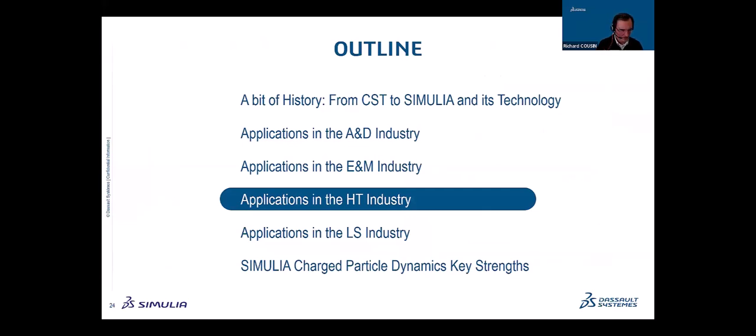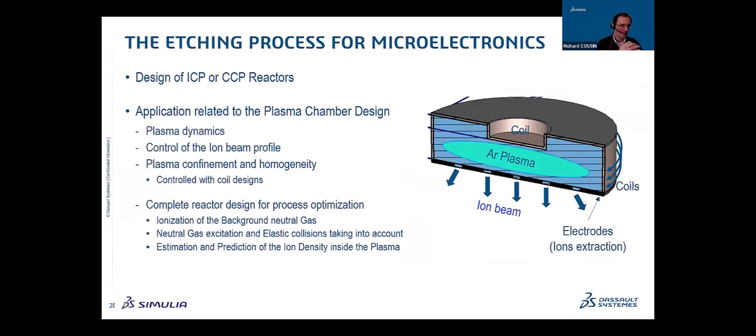Let's now move on to the applications related to the high-tech industry. Since we have the capabilities of doing some plasma physics, the plasma that we are considering is a plasma dominated by the collisions, working at low pressure, and we can also take into account the Monte Carlo collision models to perform such application.